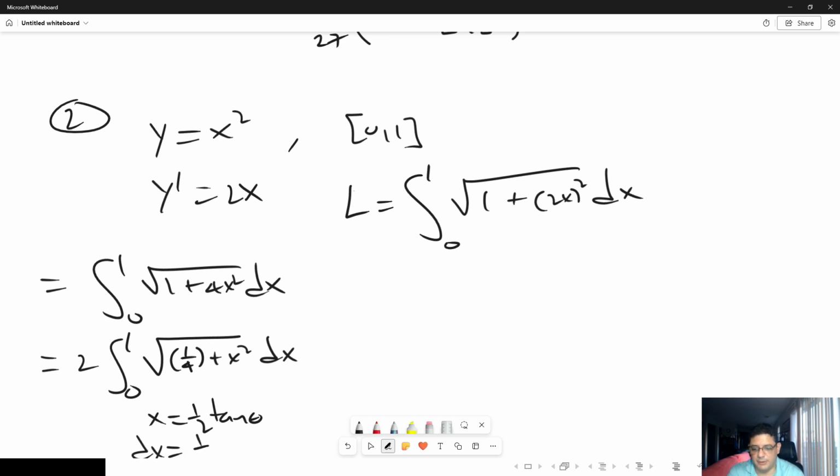The dx is going to be 1/2 secant squared. And so I get to change this. I'm going to forget about the limits of integration for a second. And then this is going to be 1 over 4 tangent squared plus 1, and we're going to have a secant squared here.